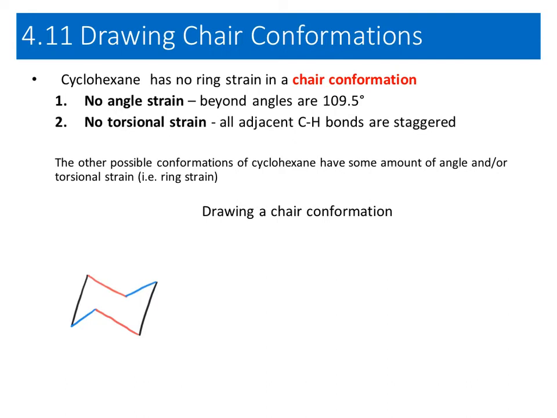Now, on each carbon in cyclohexane, we can have 2 substituents, one axial and one equatorial. We have 6 carbons, therefore we can have 6 axial positions, and they are straight up and down.